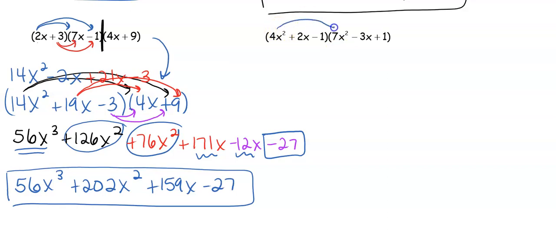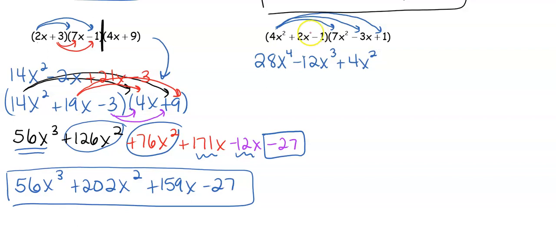So we distribute our 4x squared to all 3 pieces on the right, giving us 28x to the 4th. You may want to write a little bit smaller than what I just wrote. 4 times negative 12 is 4 times negative 3, negative 12x cubed. My brain was thinking ahead. 4x squared times 1, that is 4x squared.